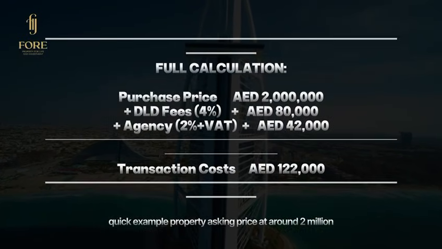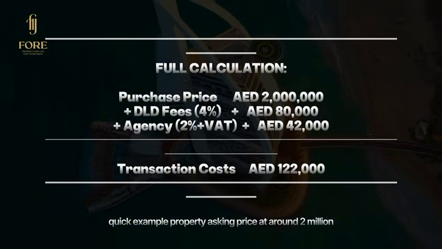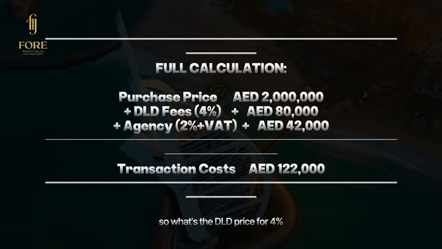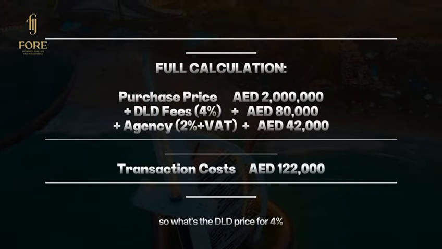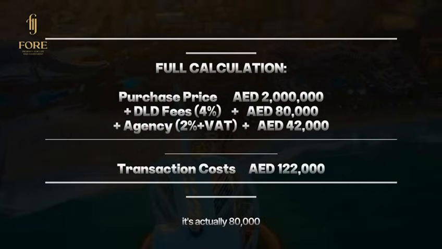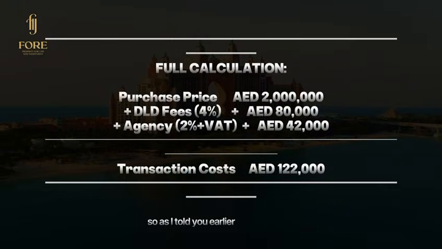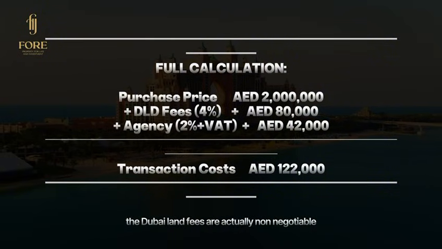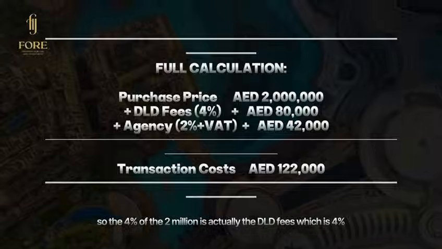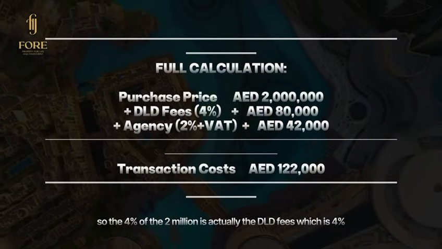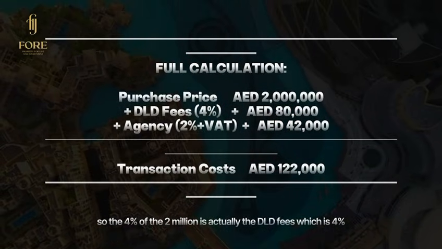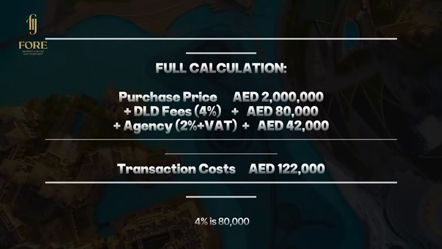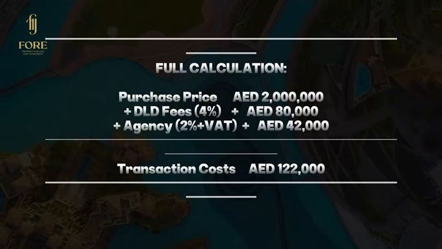Quick example: a property with an asking price of around 2 million. What's the DLD fee? At 4%, it's 80,000. As I told you a while ago, the Dubai Land fees are non-negotiable. So 4% of the 2 million is the DLD fee, which is 80,000.